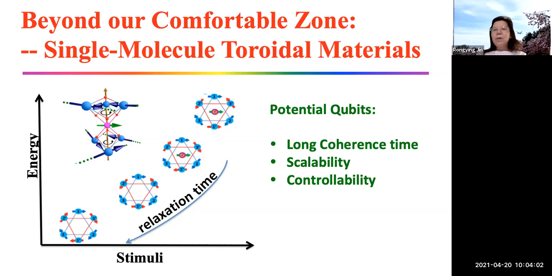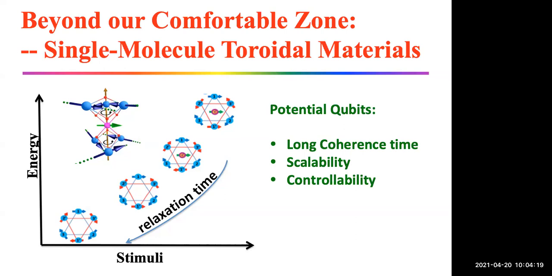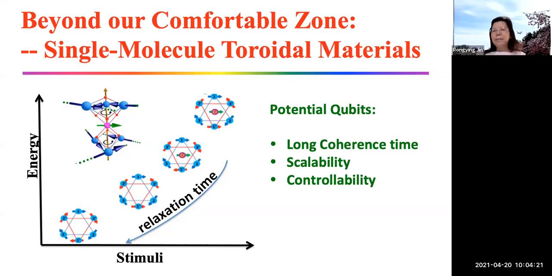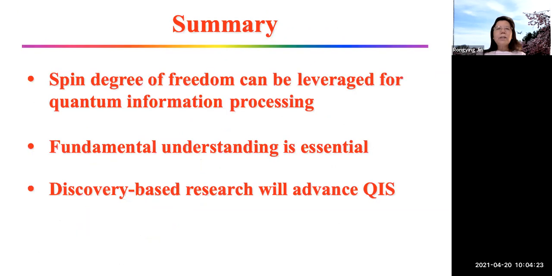They are called single molecular material systems because the interactions between molecules are probably negligible, which makes controllability and scalability much easier.